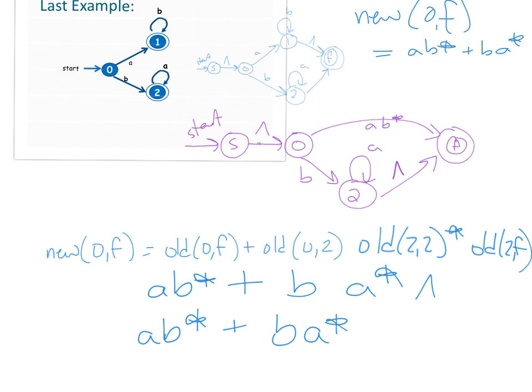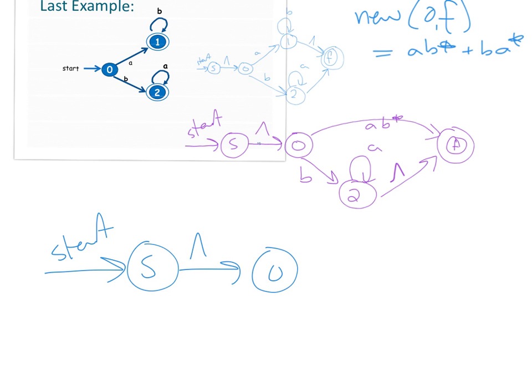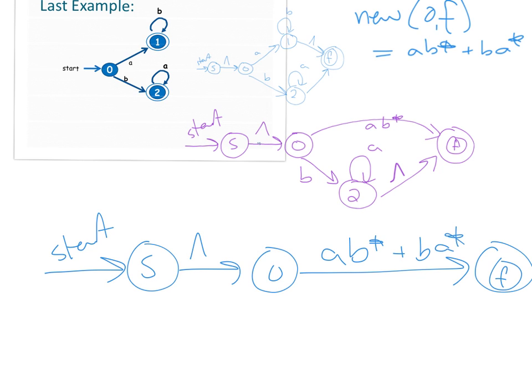Now I can clean up a bit. Okay, so we eliminated 2. So we now have our start, which has an S, and we have a lambda transition to state 0, and the transition from 0 to f is going to be this AB star plus BA star.